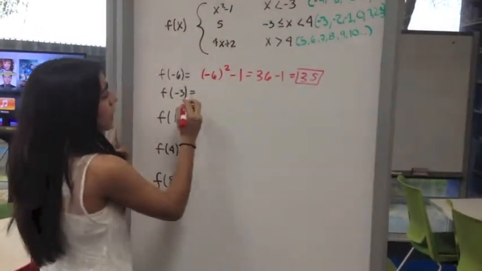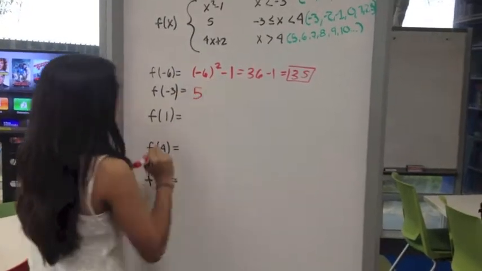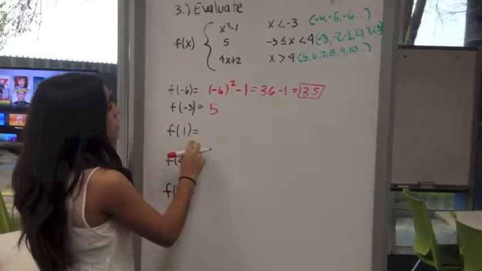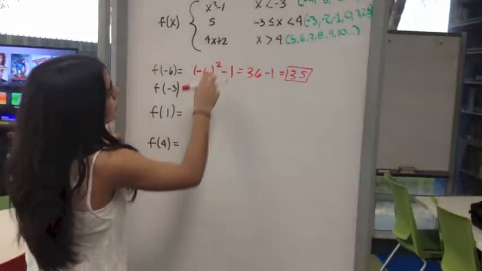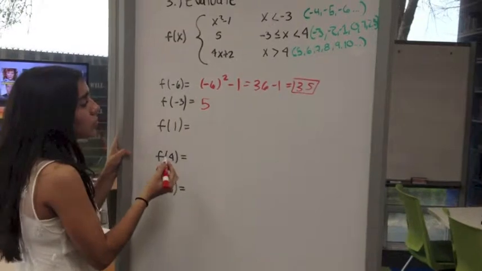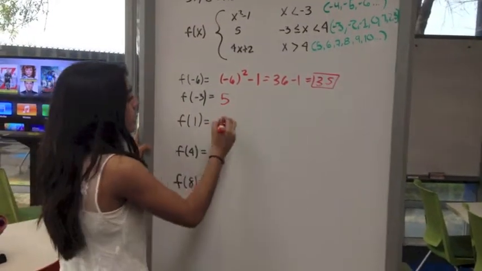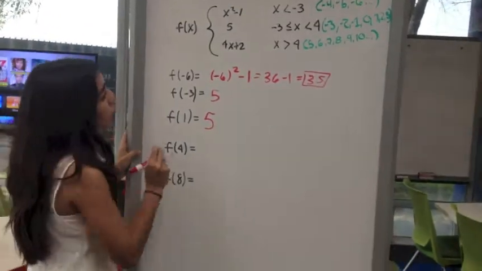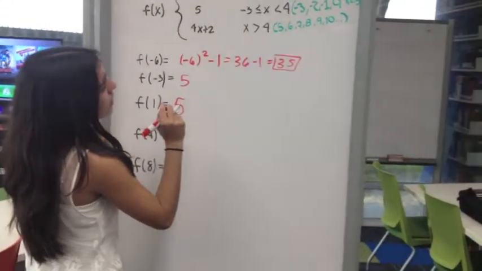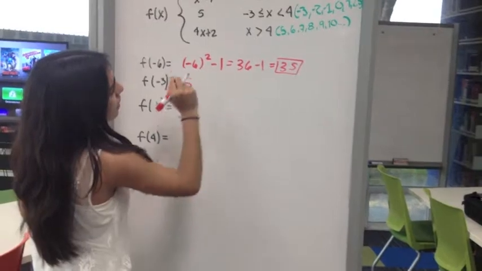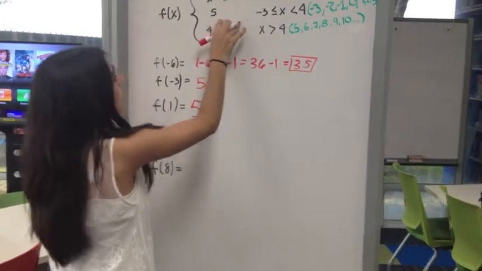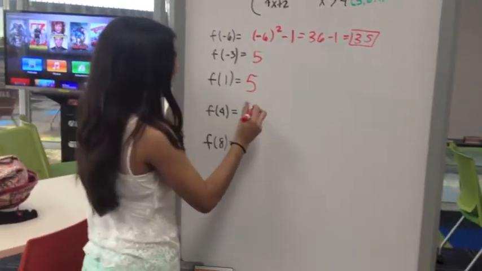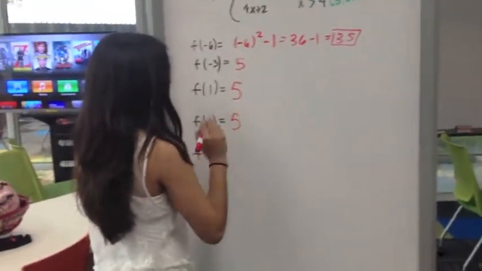So f of negative 3 equals 5. f of 1 is included in the second function, so we don't need to solve anything, so we write f of 1 equals 5. f of 4 belongs to the second equation. So as in the before two, we only write f of 4 equals 5.